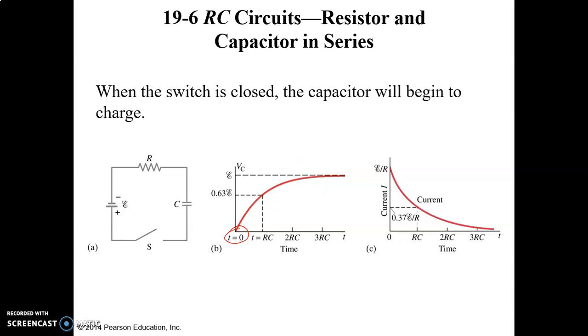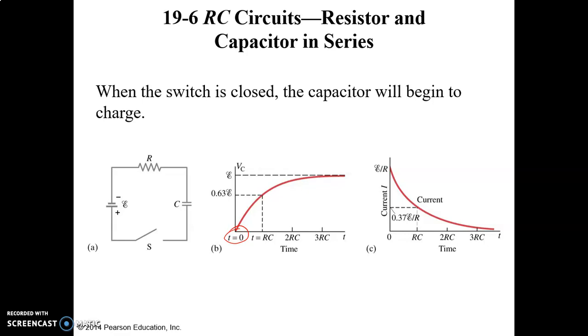But as the capacitor fills up more and more and more with charge, it's going to slow down that current until it approaches the original EMF of the battery itself. This is an exponential function, and so you'll see in the very next slide that the way that you calculate the voltage within the capacitor is an exponential function.